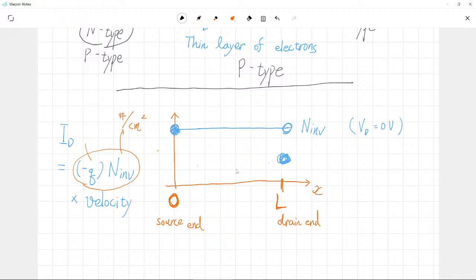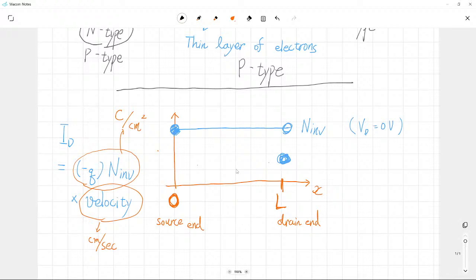And this minus Q is just the coulomb, the elementary charge delivered by an electron. So the overall unit dimension is coulomb per unit area. And how about velocity? Velocity, or its magnitude speed, is given by centimeter per second.